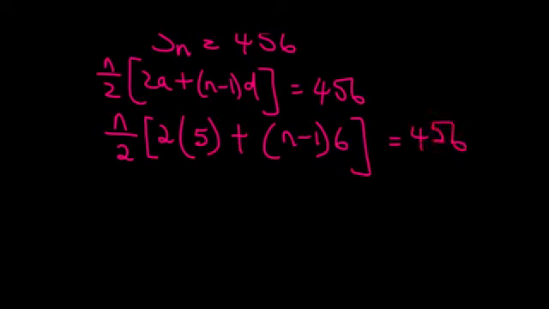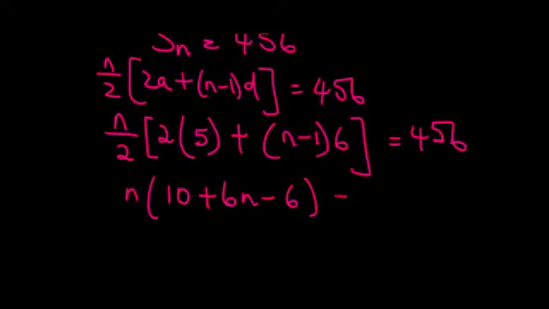So, if I'm multiplying n in here, I'm going to get a quadratic. So I'm going to get a lovely quadratic equation over here. I'm going to double it over there. n into (10 plus 6n minus 6) is equal to 912. It's double 456.